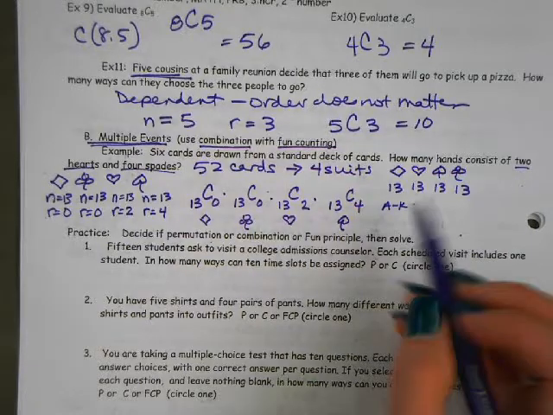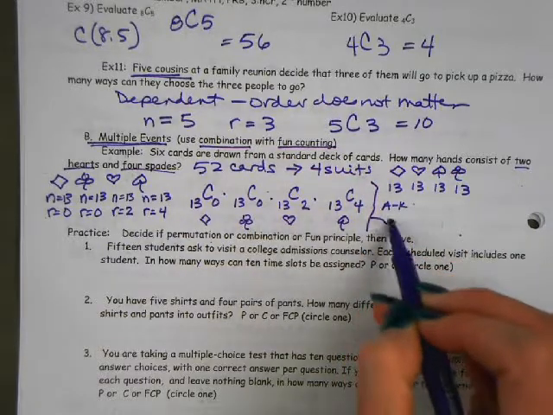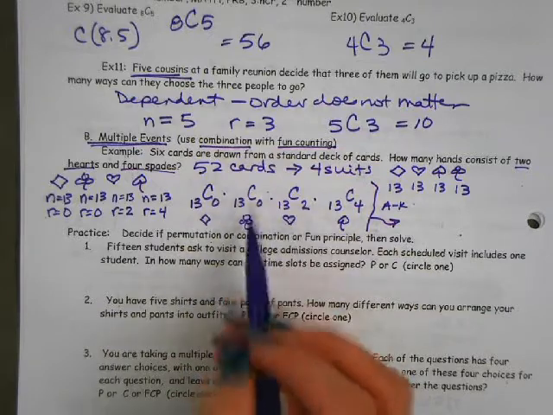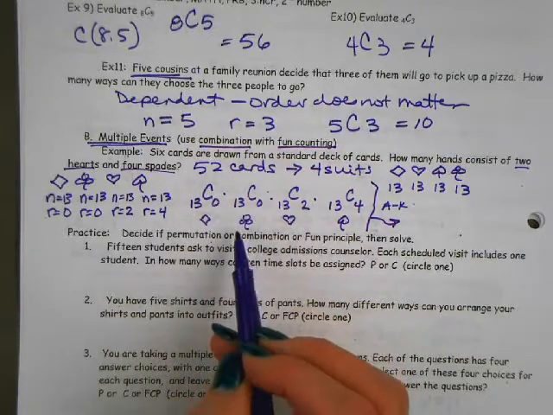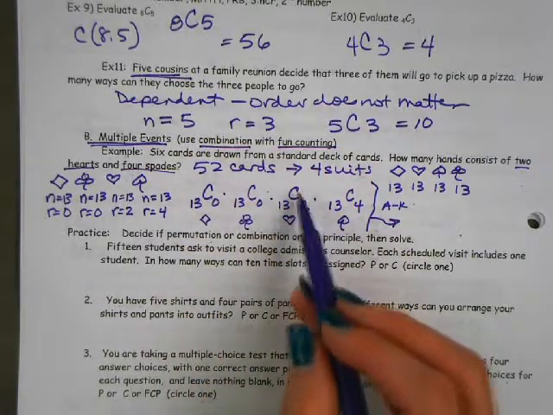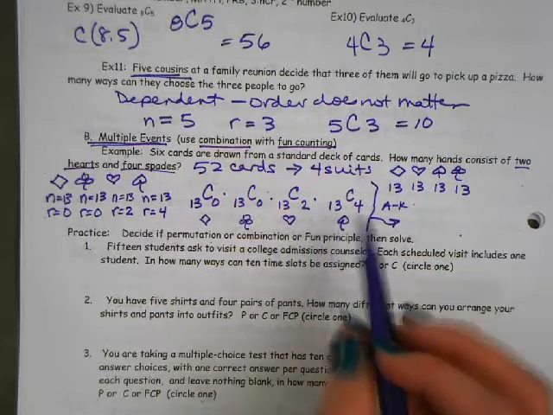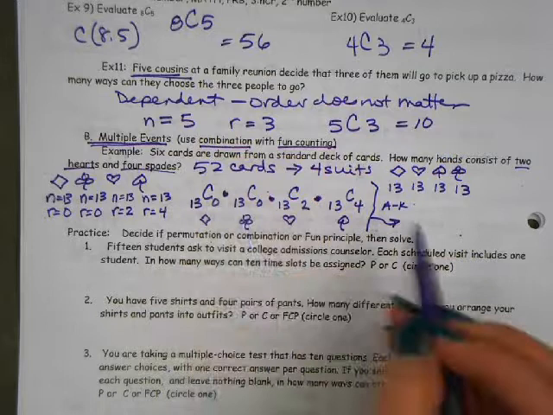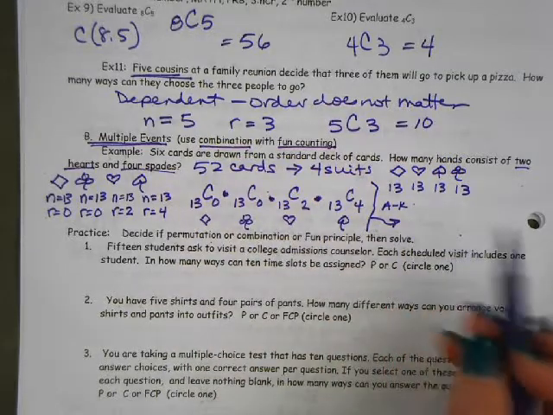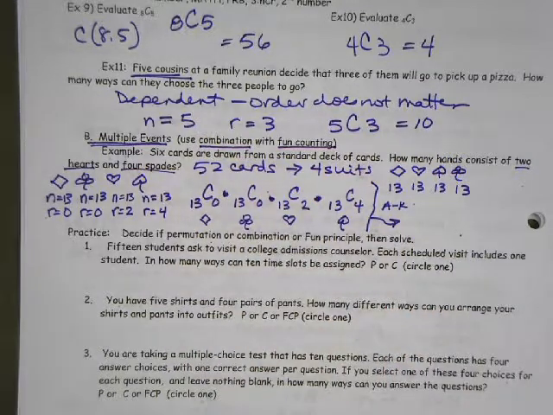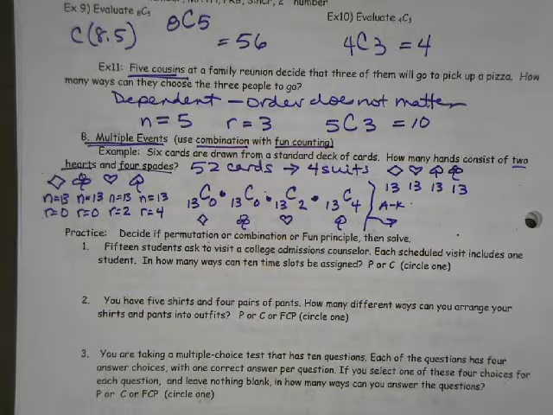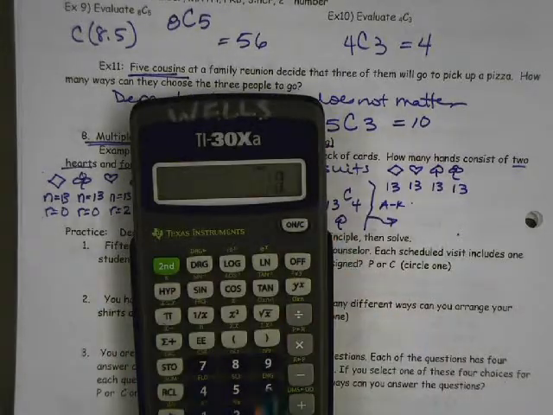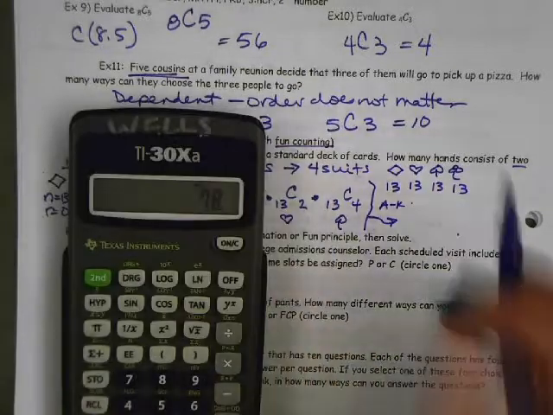Okay? So you plug that into your calculator. Well, this right here is just going to be 1. So these cancel out. So I just have 13C2 and 13C4, and I multiply them together. Okay? So go ahead and try and do that in your calculator and see what answer you get. So when you plug it into your calculator, you're going to get 13C2, and that's going to be 78.